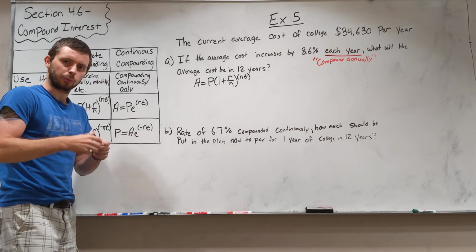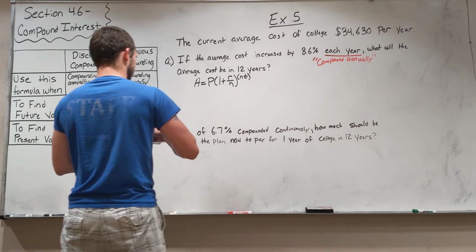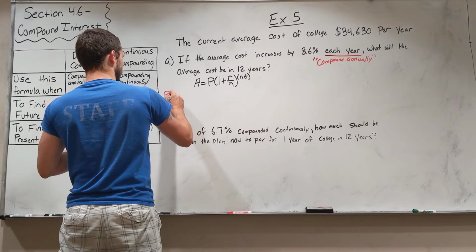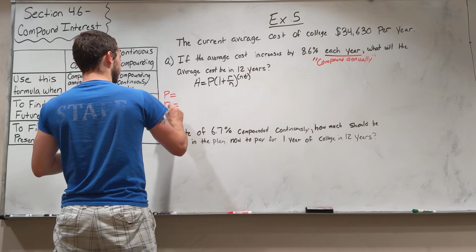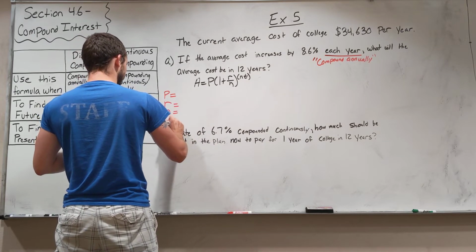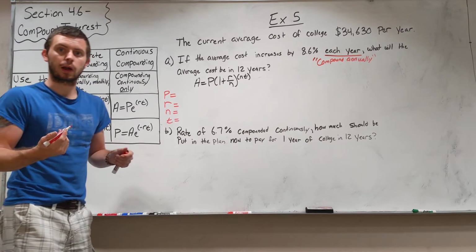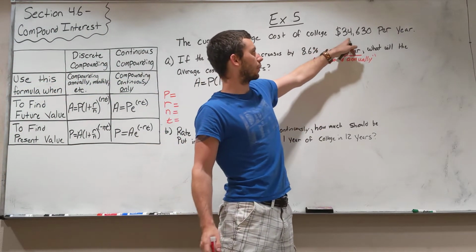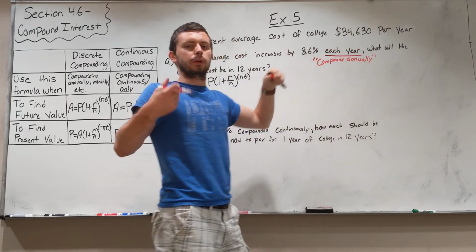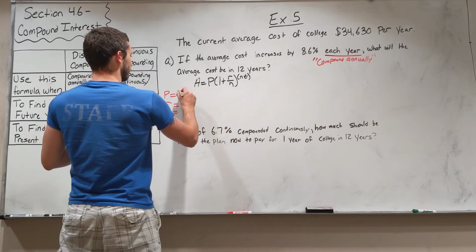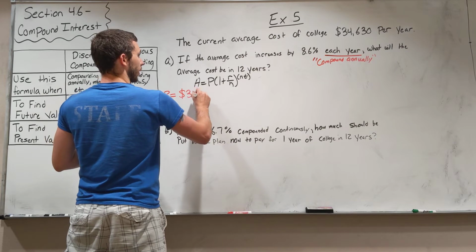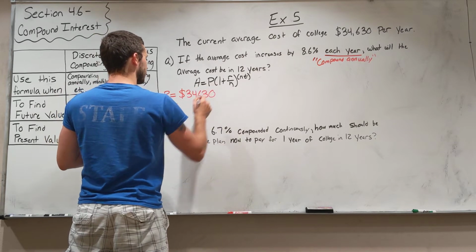And we can also go ahead and write down our givens. So P, R, N, and T. So the principal here is the starting value. That will refer to the starting value of college per year. So that is the 34,630.